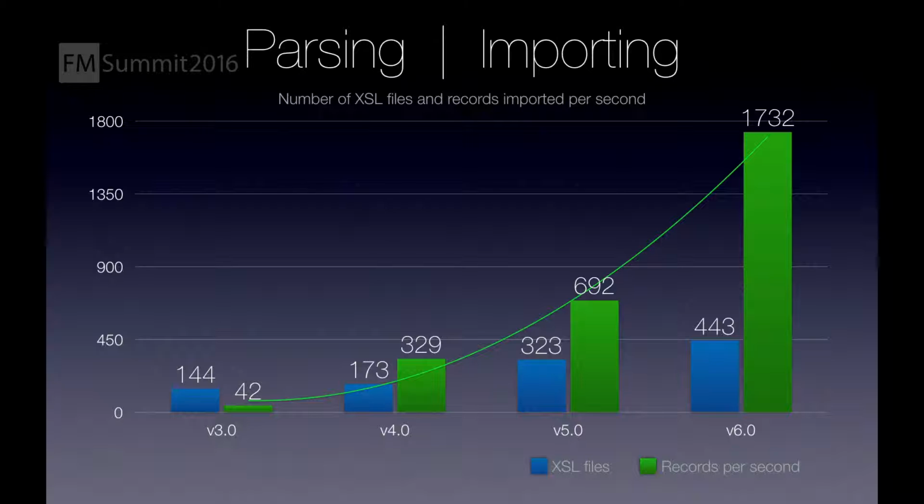In the first version, we only parsed 144 XSL files for every XML file that you provide us. We're now at 443 XSL files. We're importing 1,732 records per second. But what you're looking at is that we actually do much more and we're still faster. So things are getting better and better.